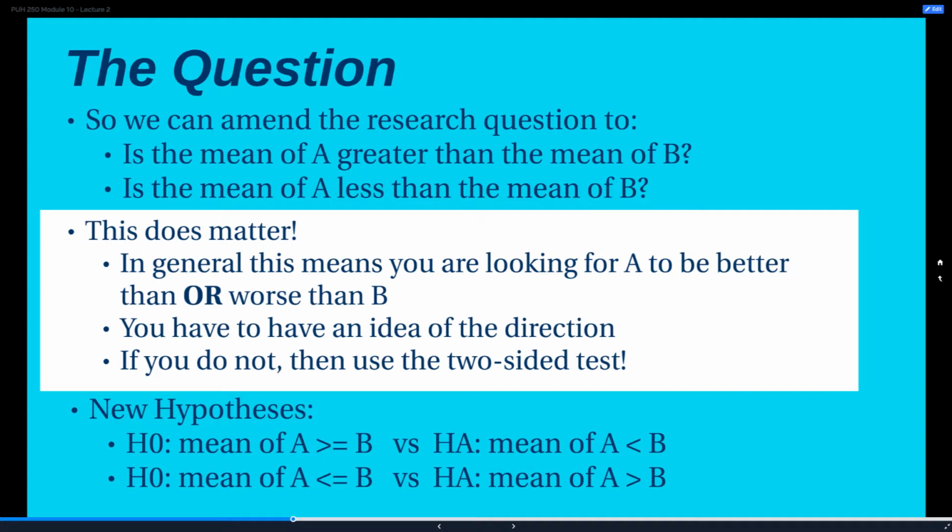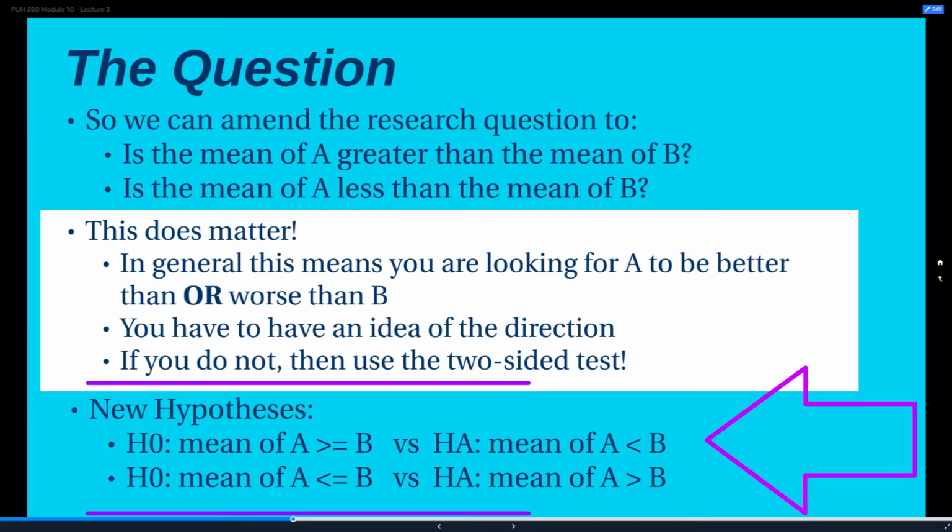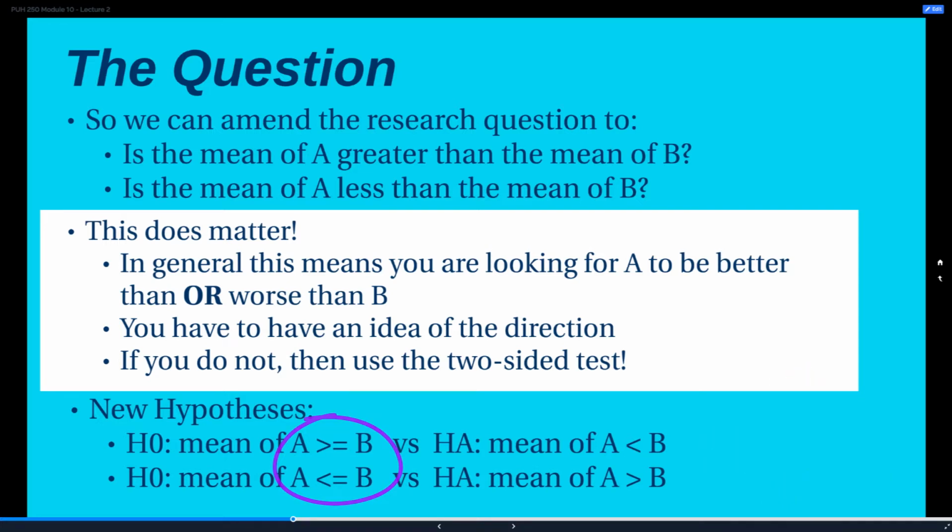So we set up a new set of hypotheses, in this case, the null hypothesis of the mean of A being greater than or equal to B versus the alternative of the mean of A being less than B. You can see that these two hypotheses are still mutually exclusive, and you can also see that the equal sign still appears in the null hypothesis. Our alternative has changed.